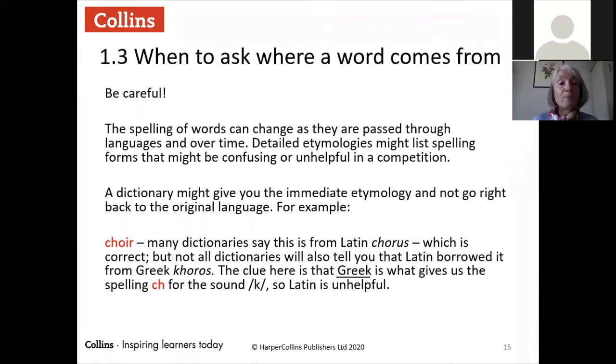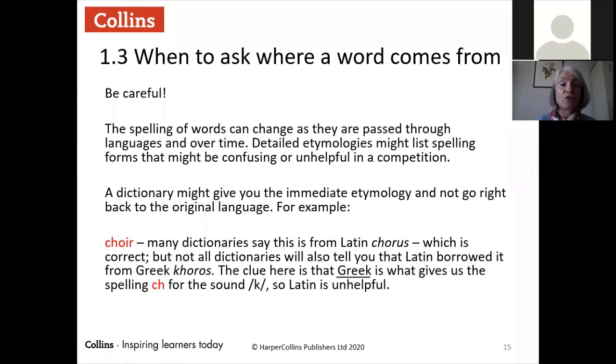And a dictionary might give you the immediate etymology and not go right back to the original language. And here's a good example. So the word choir, which I know is a common word and everybody will be able to spell, has the rather unusual CH grapheme for the sound K. So if you hear this word, you might think, I'll ask where it comes from.